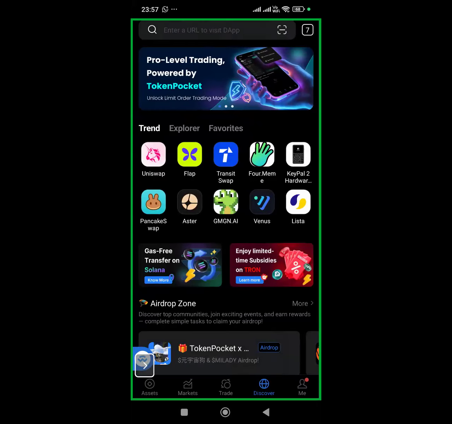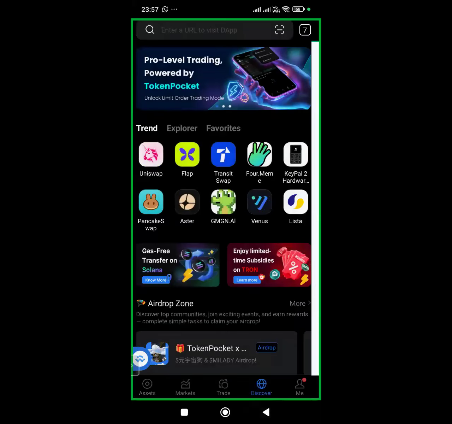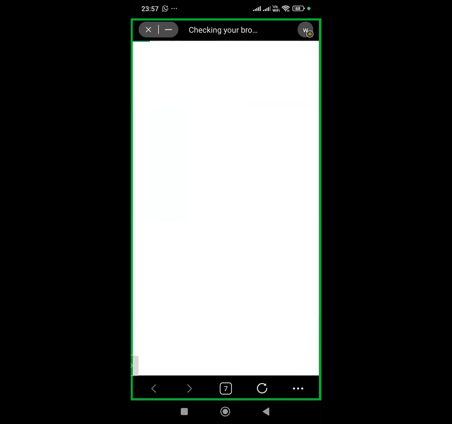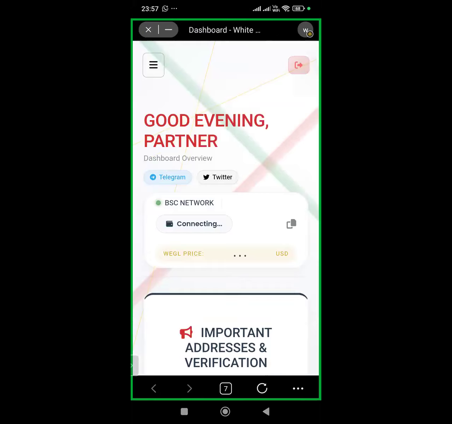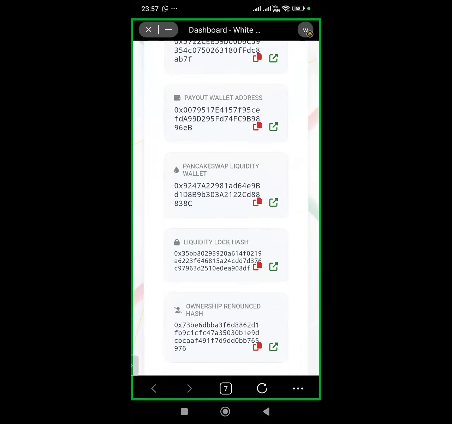So if they have renounced the ownership, there must be a hash. You can see here, even if you cannot find it, they have already given it here. You just click on the hash. You can see here the WEGL deployed contract, renounce ownership call function.